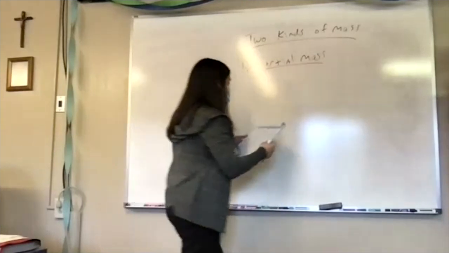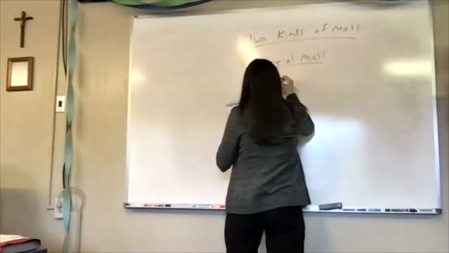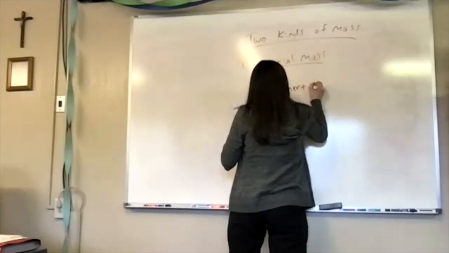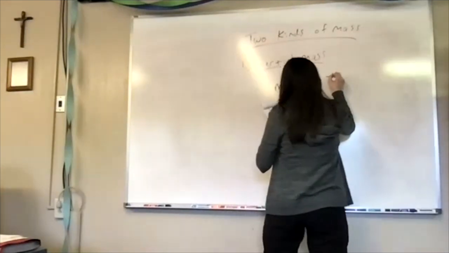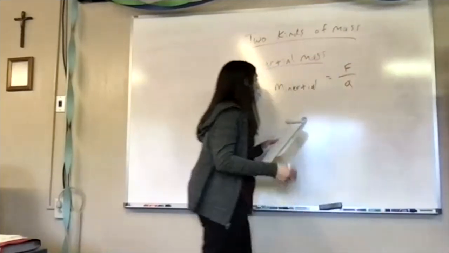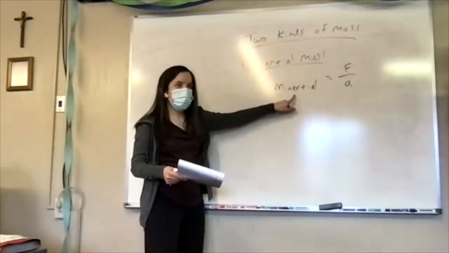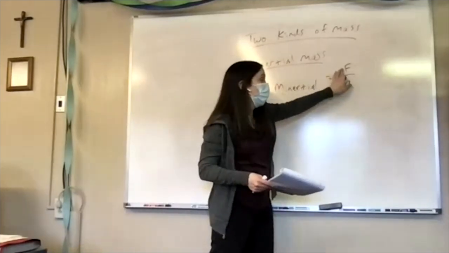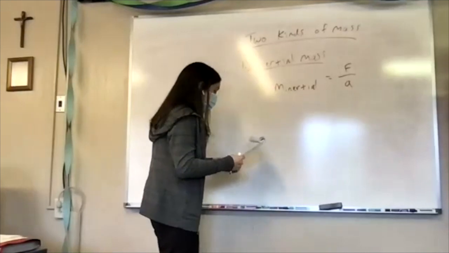The equation for that, we won't ever use this equation, but just so you understand where it comes from, it's this. What this says is that inertial mass equals force over acceleration.